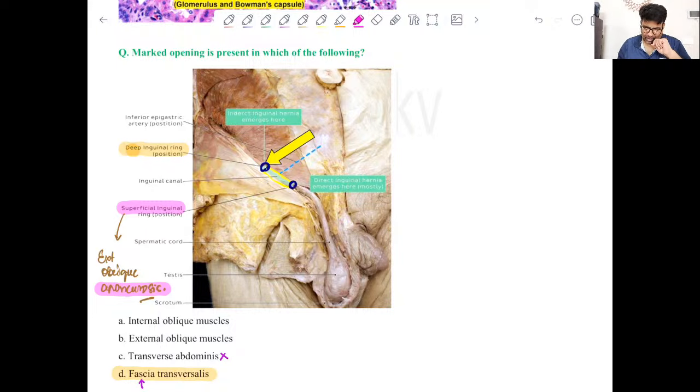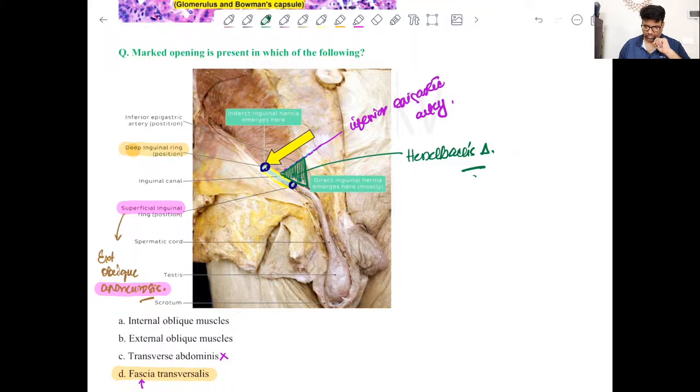So this is the deep inguinal ring and superficial inguinal ring, and here this dotted line represents one artery, and this is the inferior epigastric artery. And if you know the anatomy of Hesselbach's triangle, this is Hesselbach's triangle.